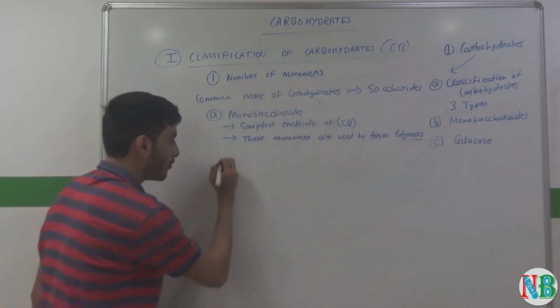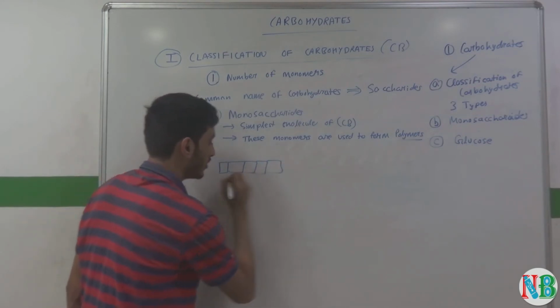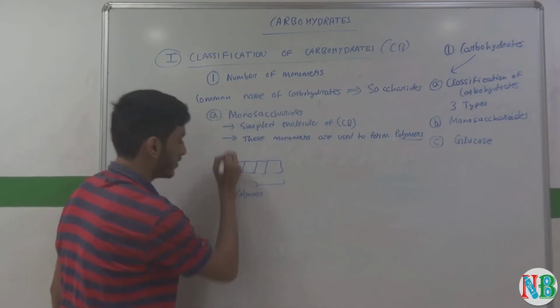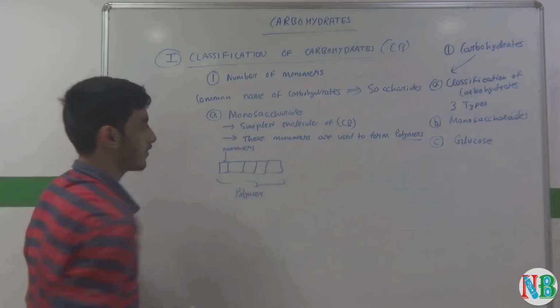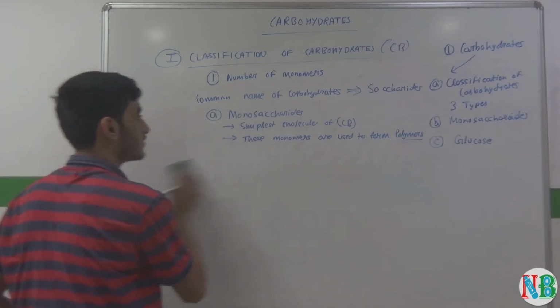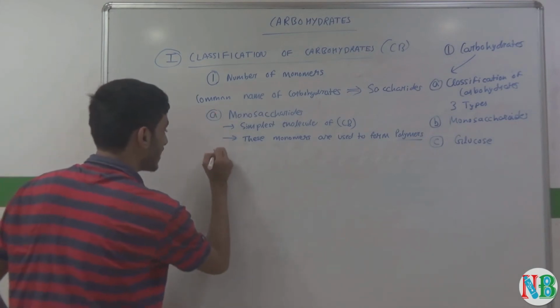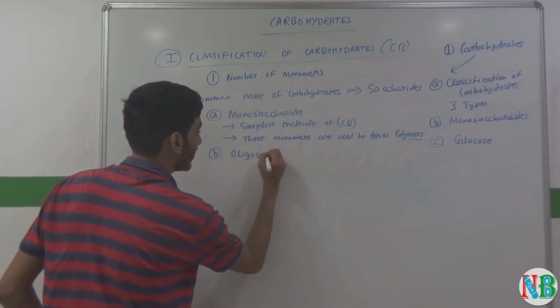As you know, small parts add up to form something huge. Now the second type under this is oligosaccharide.